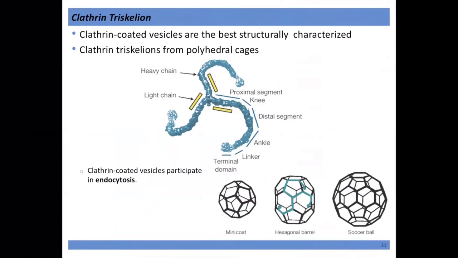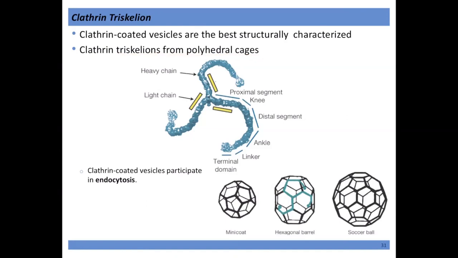Just understand that this tri-arm structure you can actually arrange into a couple different things to form hexagons and pentagons. And so you can get different sizes of these coated vesicles. So these triskelions, they form the edges of these polyhedral cages.